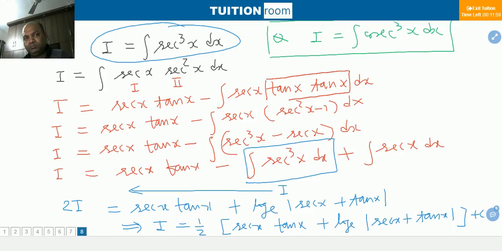The formula is that the integral of e raised to power x times fx plus f dash x dx will be equal to e raised to power x into fx plus some constant c. This is a very important formula.